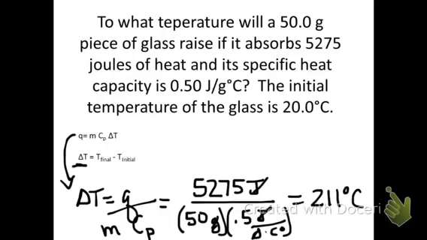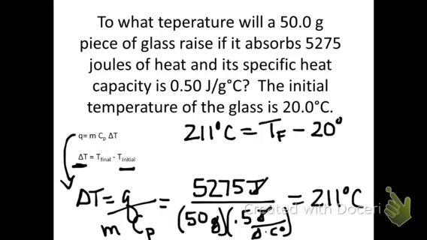Now I'm going to plug that and my initial temperature into this formula. So I've got 211 degrees Celsius is equal to, I'm trying to find the final temperature, and I have the initial temperature of 20 degrees Celsius.